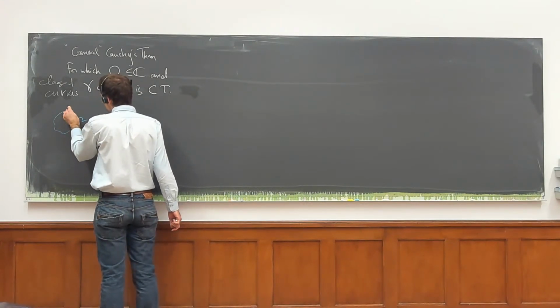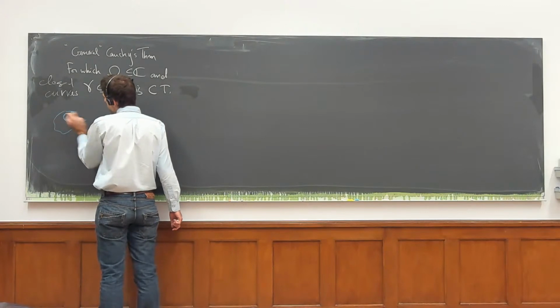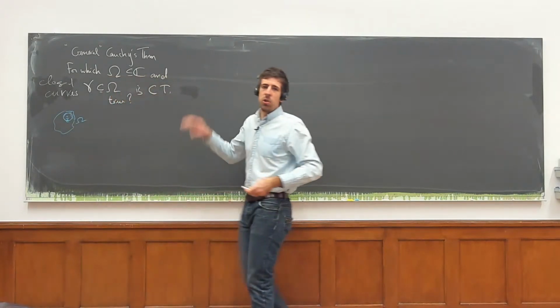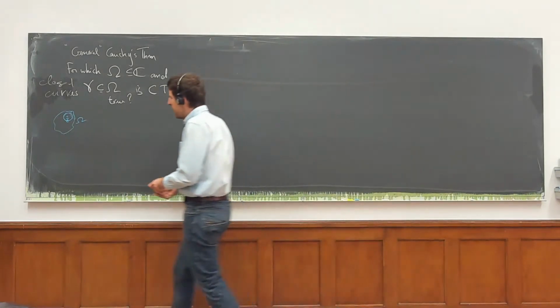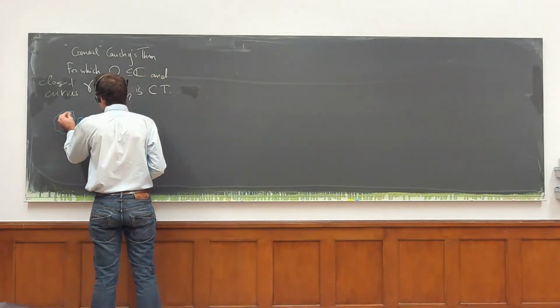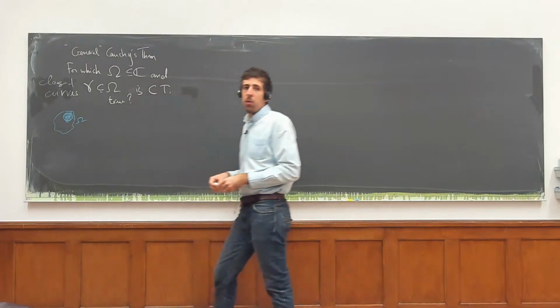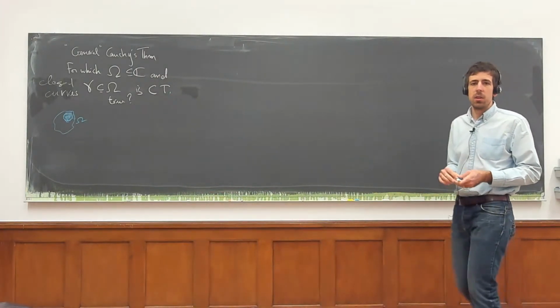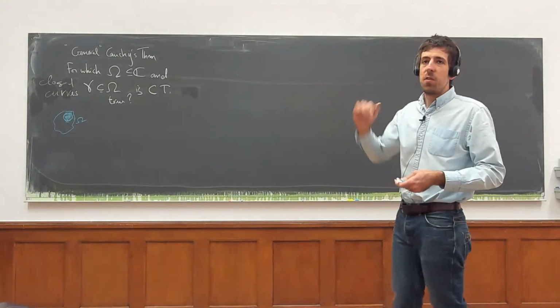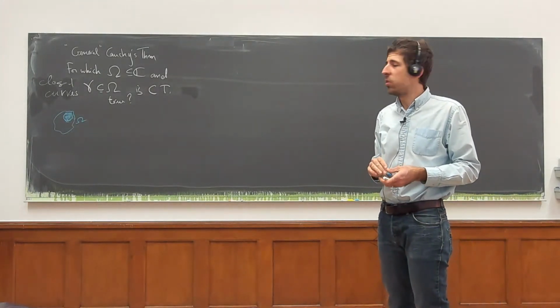The disk shouldn't intersect the boundary. Cauchy's theorem is true for that disk, and then we do everything on that disk. So Cauchy's theorem for a disk already allowed us to do everything for local properties and regularity of analytic functions.